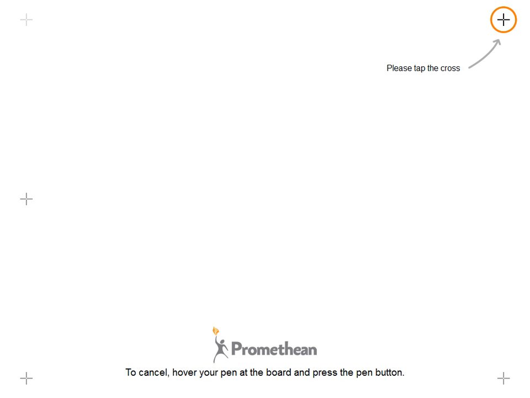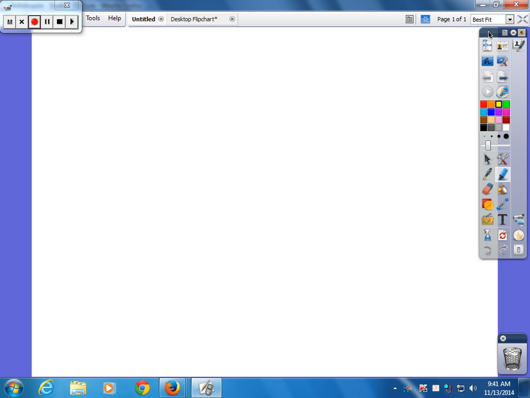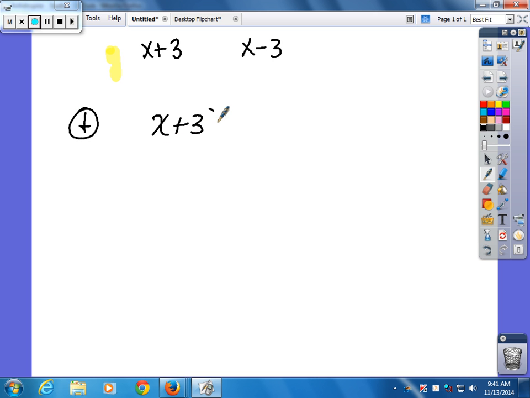This problem could be written to where you could understand it a whole lot better if they would just cut off all of the crap. In other words, the two functions, x plus 3 and x minus 3, if they would just say x plus 3 is a term and x minus 3 is a term and tell you to add the two together, that would be x plus 3 plus x minus 3.